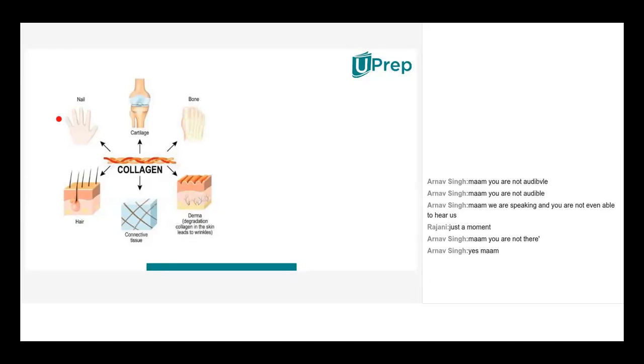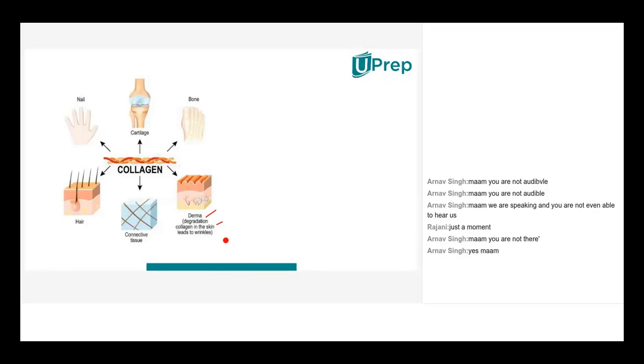Okay, it is the connective tissue, so it is present everywhere. See, and connecting all other tissues. Now here a term called derma means skin. Okay, you can see the word derma. It means skin. So even under the skin, you will have the collagen material.